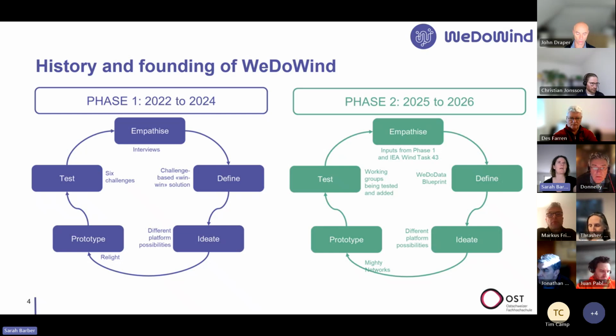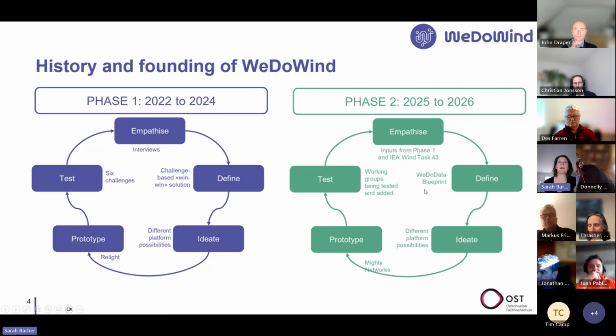After that, we started thinking about phase 2, where we took the inputs from phase 1, but also from IEA Wind Task 43, which quite a lot of you know about and are involved in as well. It's an international collaboration trying to improve the usage of data in wind energy.